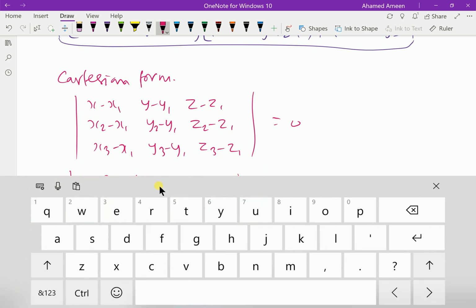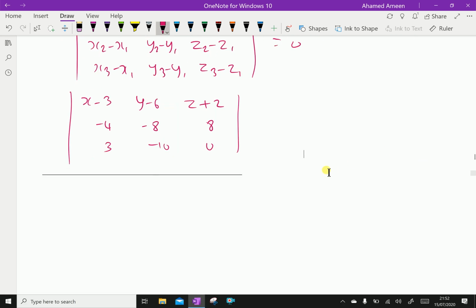Here the first row is x minus 3, y minus 6 and z plus 2. Second row is minus 1 minus 3 is minus 4, and minus 2 minus 6 is minus 8, and 6 minus of minus 2 is 8.